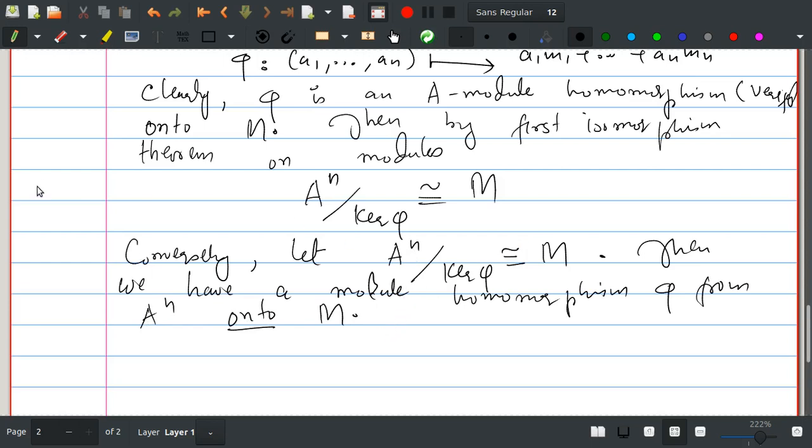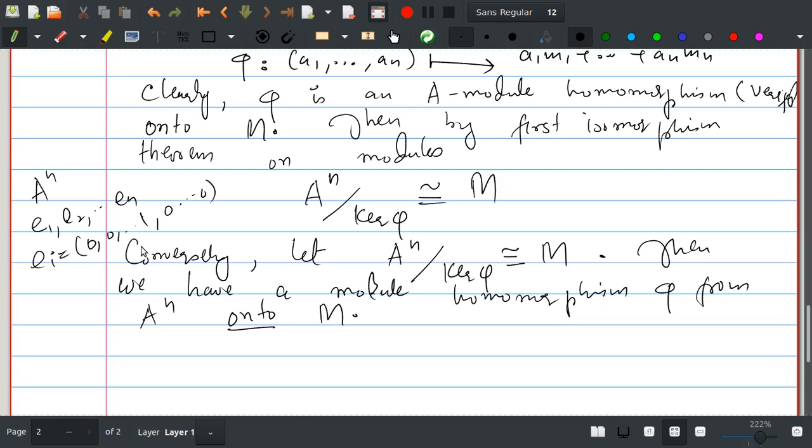Now A to the n being finitely generated, it has the generators e1, e2 through en, where ei is some n-tuple, say 0 0 so on 1 0 0 0, where this 1 is at the ith place. So this is in some sense a standard basis of A to the power n.